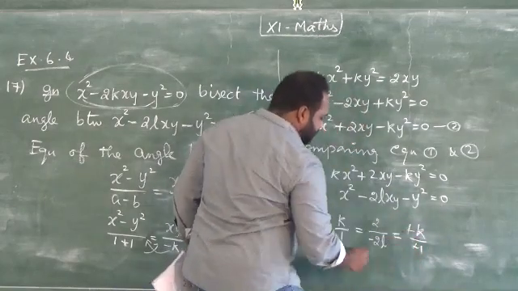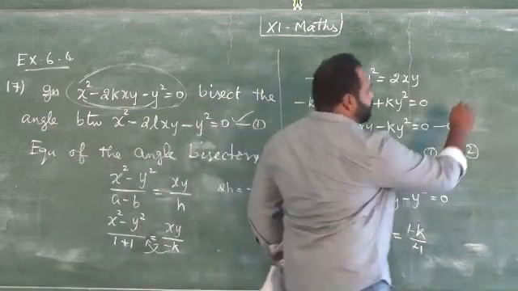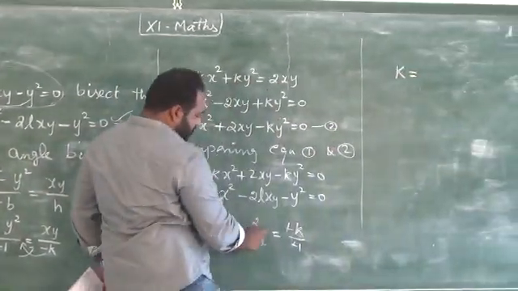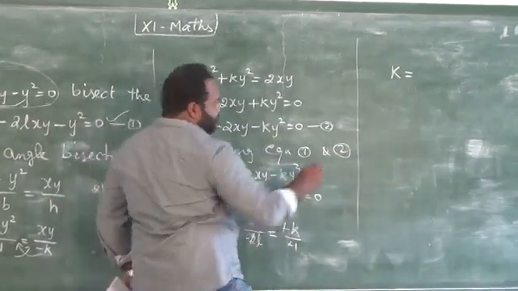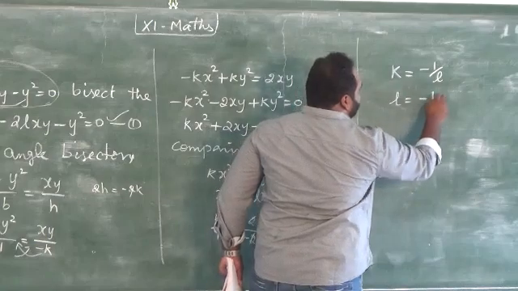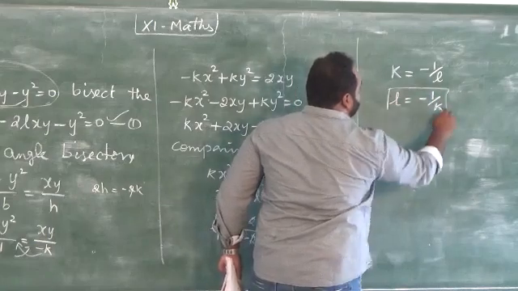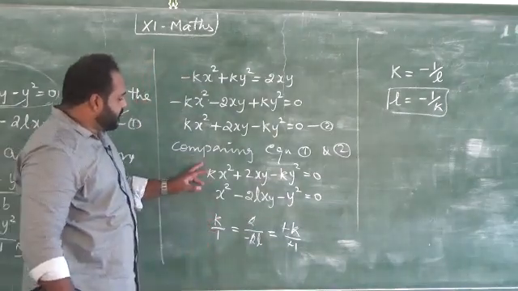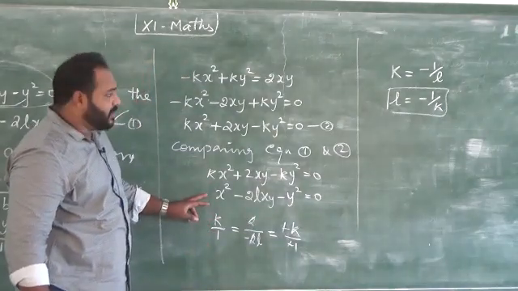Minus minus cancels, so k equal to, the 2 cancels, minus 1 by l, so l equal to minus 1 by k. I have taken this value for l from comparing these two equations.